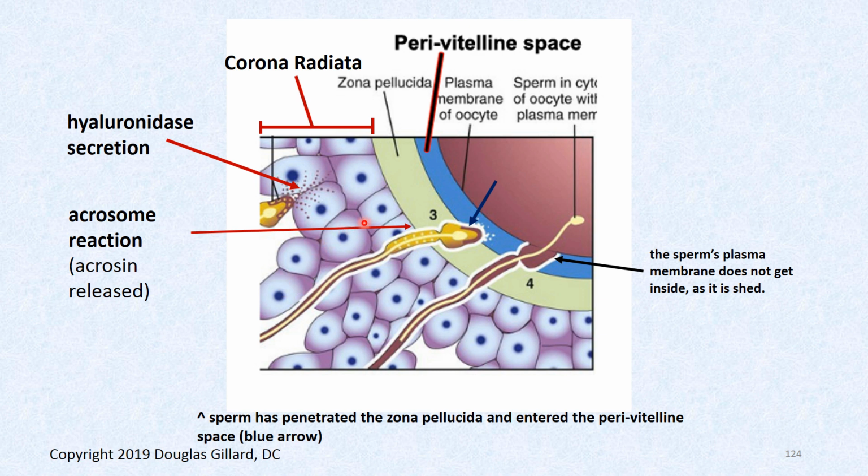So we made it through the corona radiata, made it through the Zona Pellucida, and then we made it through the plasma membrane of the oocyte, but for whatever reason, only the sperm's head and tail without the cell membrane is allowed in. So that means this is not going to stay alive very long. It's really got to find the nucleus of the oocyte now and do its job.